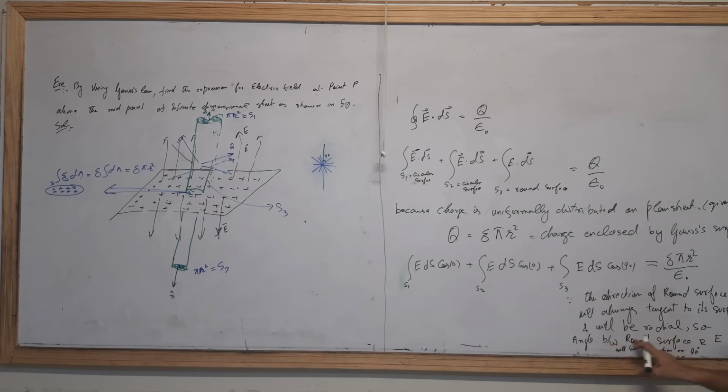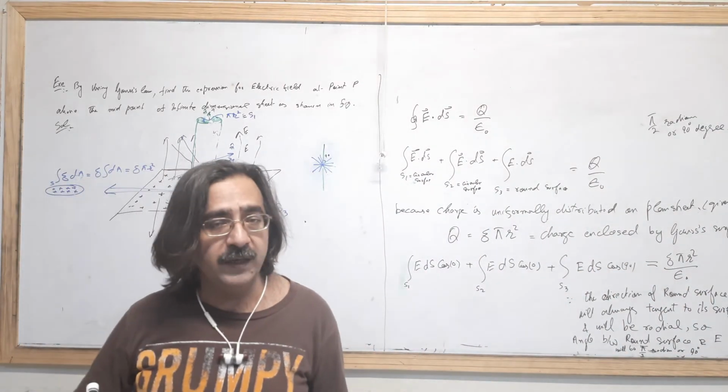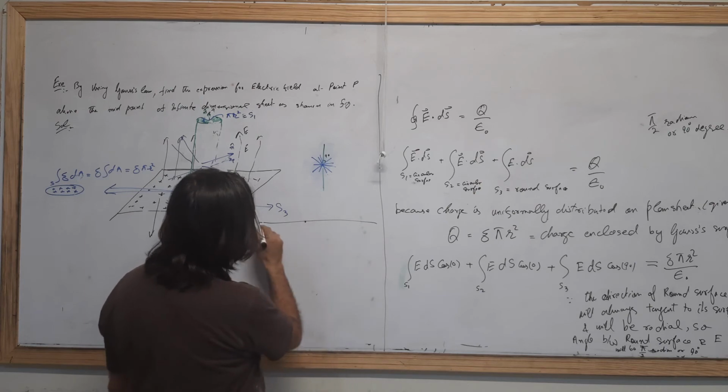So the angle between the round surface and electric field E will be, sorry, pi by 2 radian, or 90 degree. That is what I want to say, pi by 2, not pi. That is orthogonal at every point. Got it? So if it is orthogonal, what will be the result?